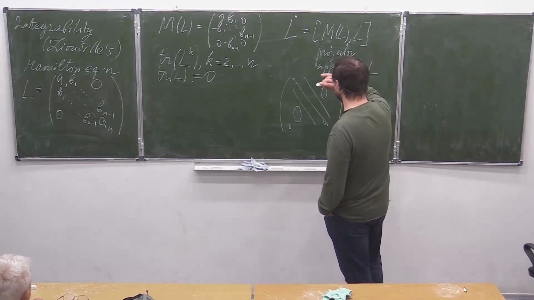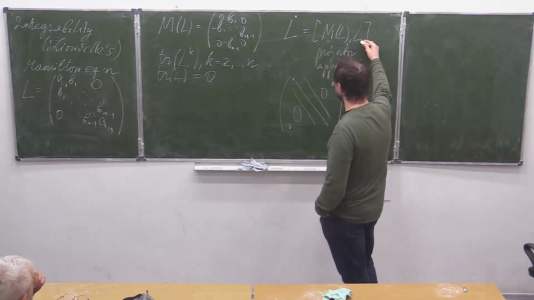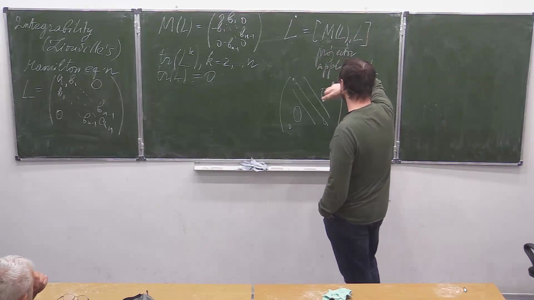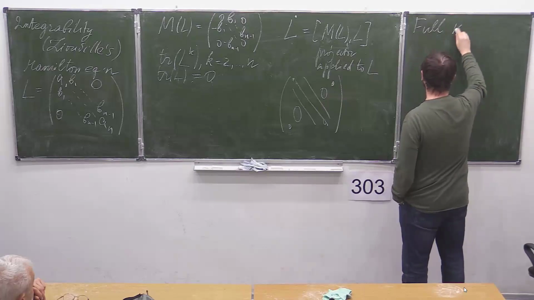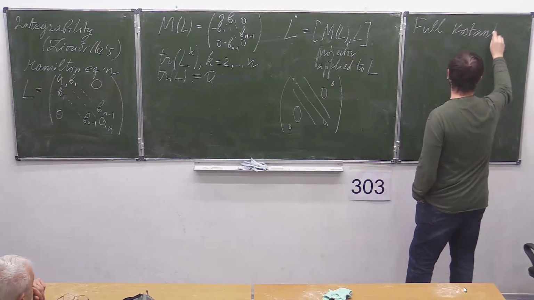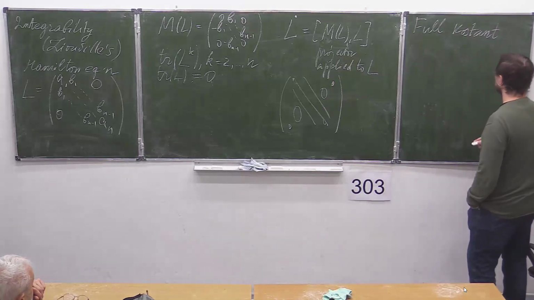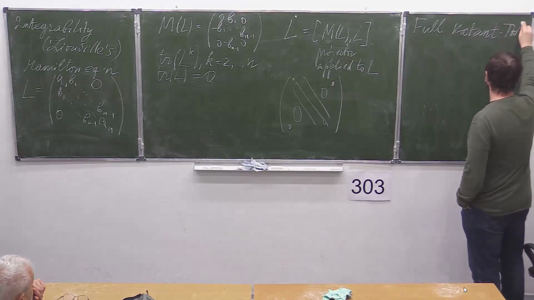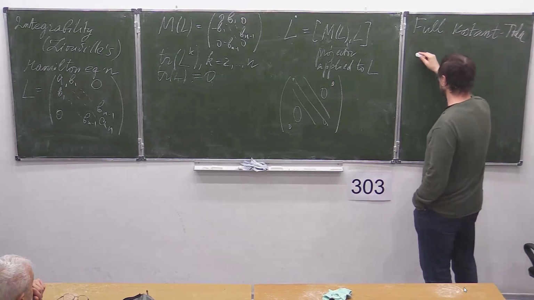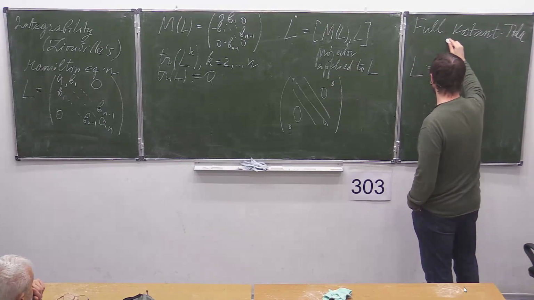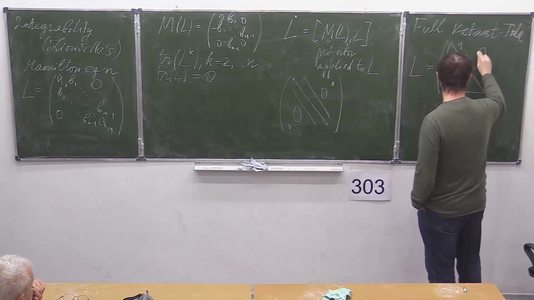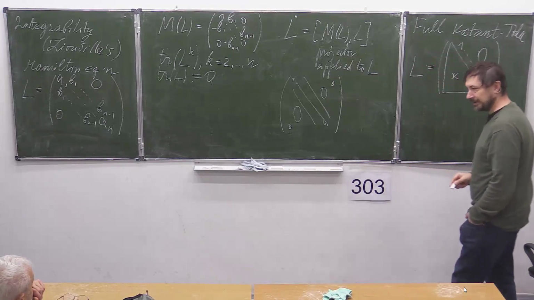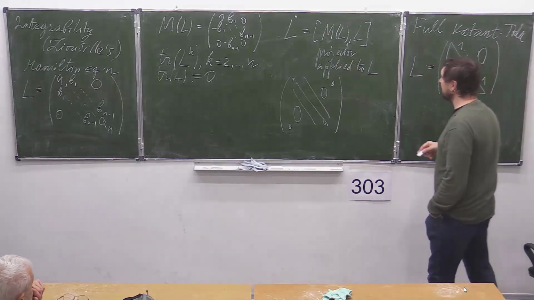So there are two important systems which are obtained in much the same way. The first is the full Kostant Toda system. Well, I'm not quite qualified to speak about it. As far as I can remember, the matrix shape is pretty peculiar. You have a lower triangular matrix, and then above the diagonal you have ones, and zeros in all the rest. And then you need to modify the projector, of course.